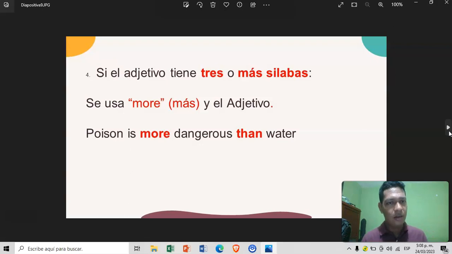If the adjective has three or more syllables, we are going to use more. For example, with the word dangerous. Poison is more dangerous than water. So that is easy to remember. We are making a comparative.